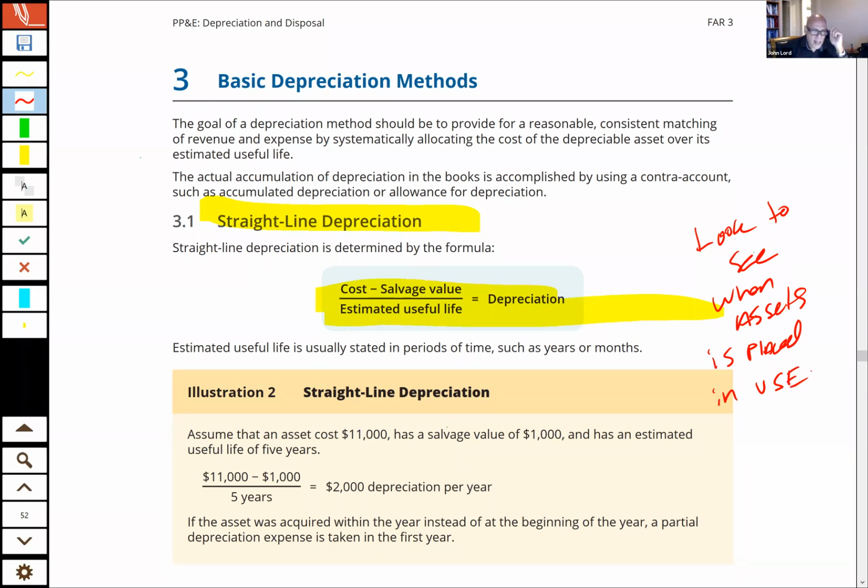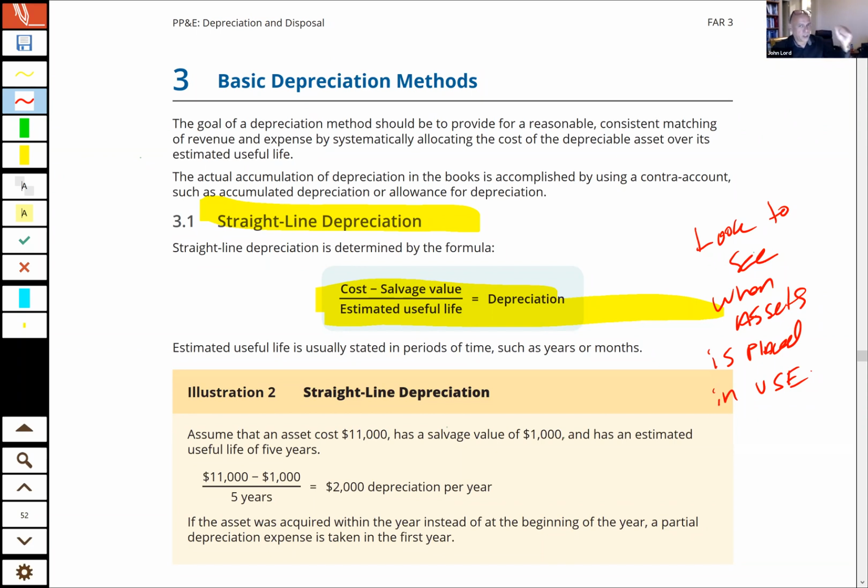So they say the asset was purchased on October 31st. They'll say something like that, in the very beginning of the question. And then they put a bunch of stuff you don't need in there. And then they give you the information you need to calculate the depreciation. Meanwhile, back at the ranch, you forgot to look to see when the asset was put into use. You calculate the full year's worth of depreciation.